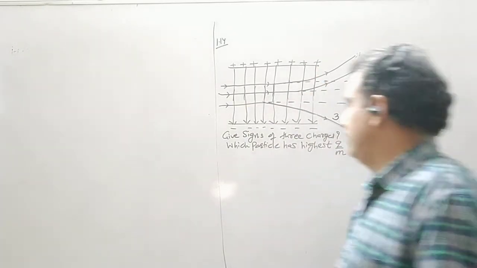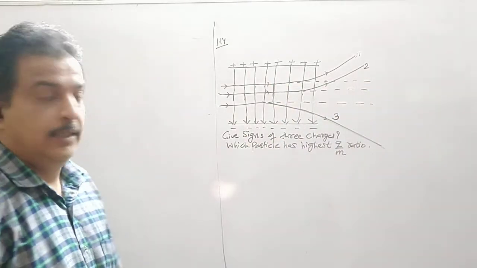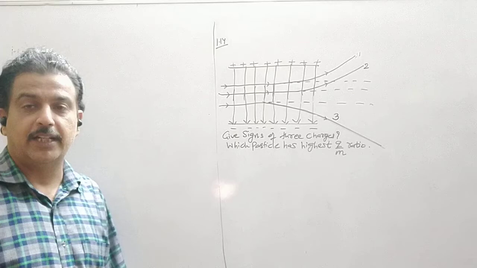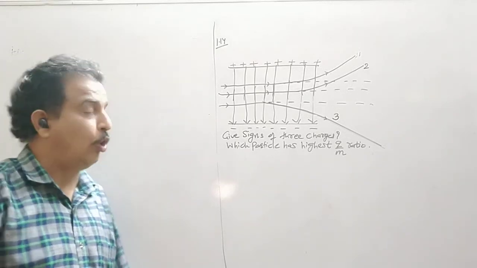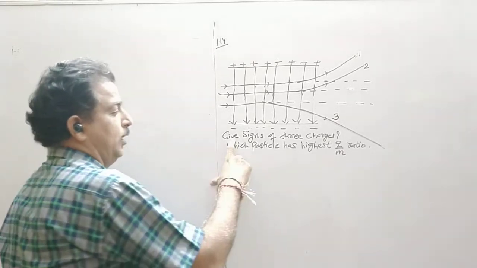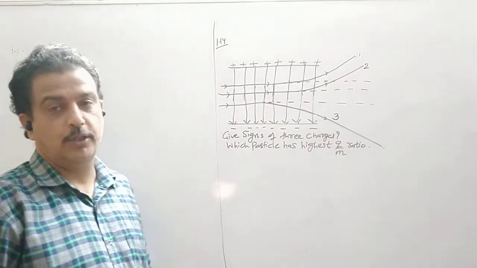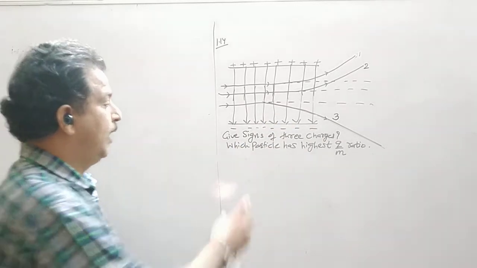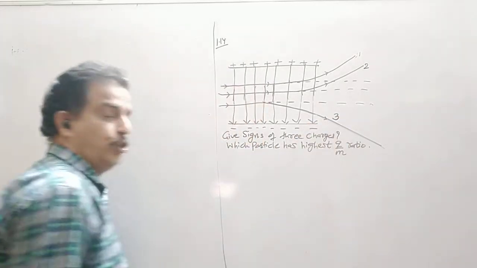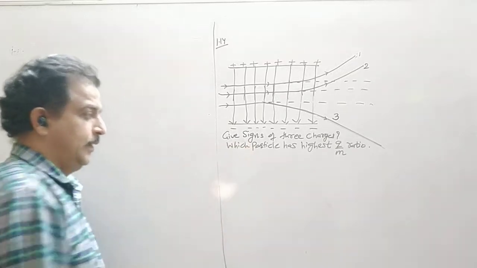Three particles named 1, 2 and 3 enter this region of uniform electric field with constant horizontal velocity. We have to find out the sign of the three charges, which charge is positive or which is negative, and which particle has highest Q by M ratio. So simply you have to give the two answers.